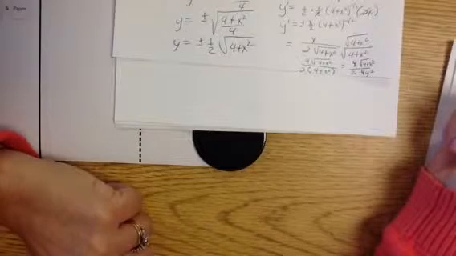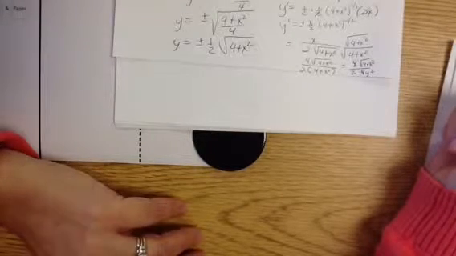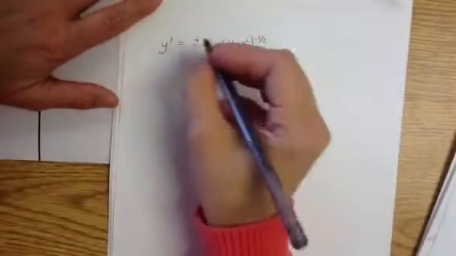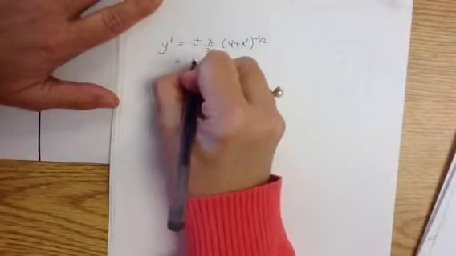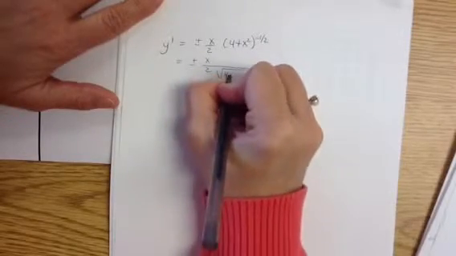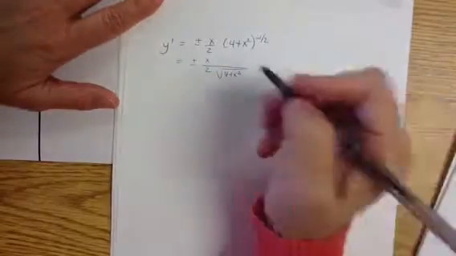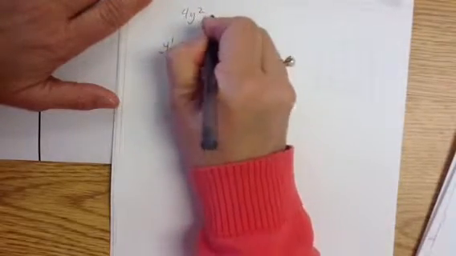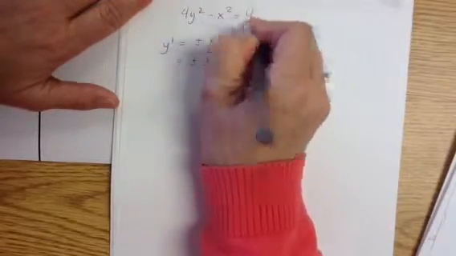Here's the derivative in number 34. Let's see if we can do some simplifying, because it sure does look pretty ugly. What I have down here is 4 plus x squared. And if I remember my original equation, it looks like this.